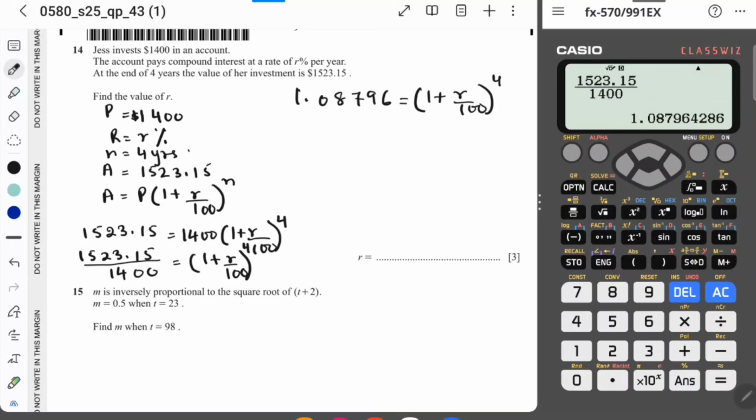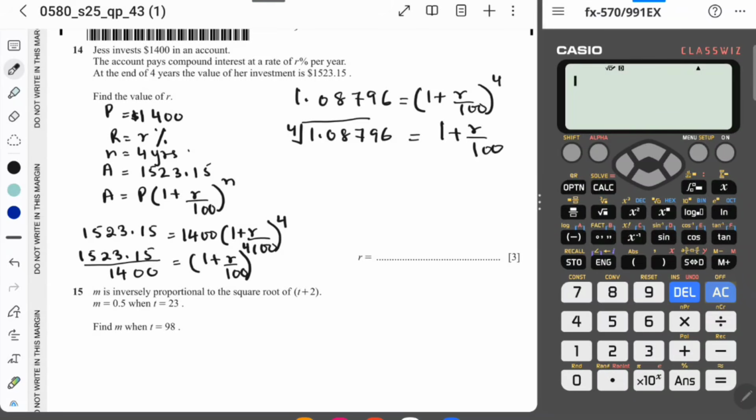To remove the power 4, you take the 4th root on both sides. When you take the 4th root, this power 4 will be removed. It means multiply by 1 upon 4, so the 4 will cancel.